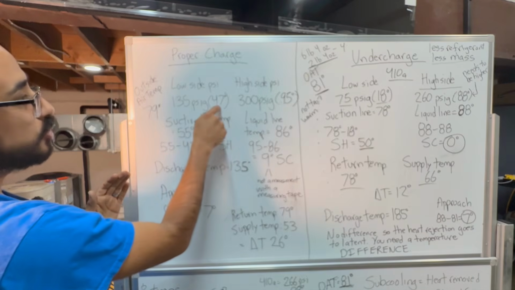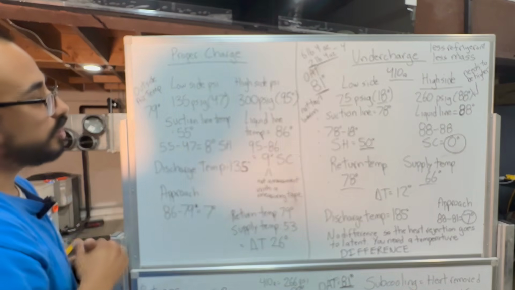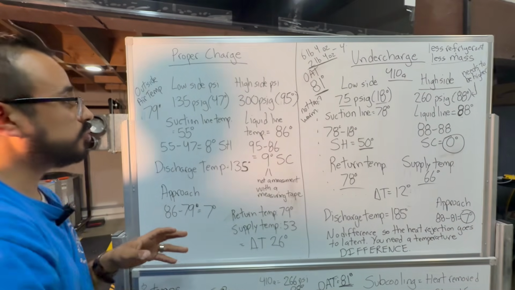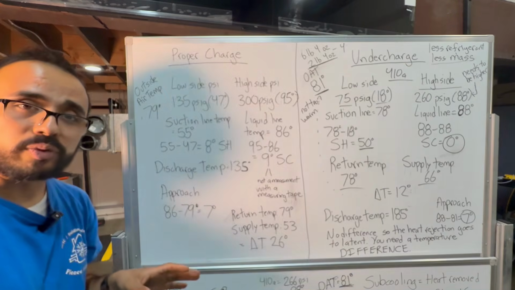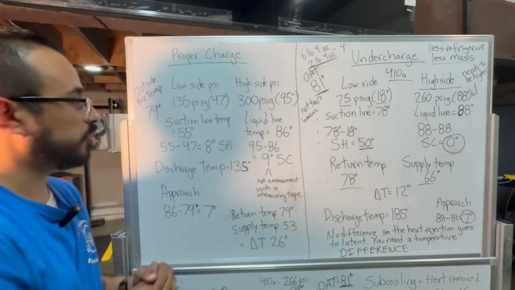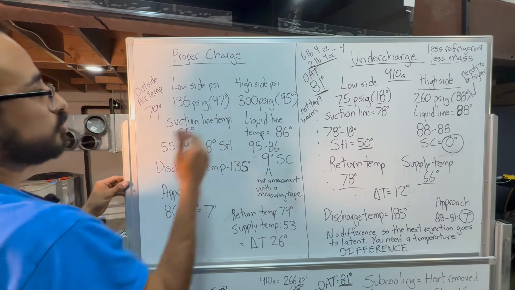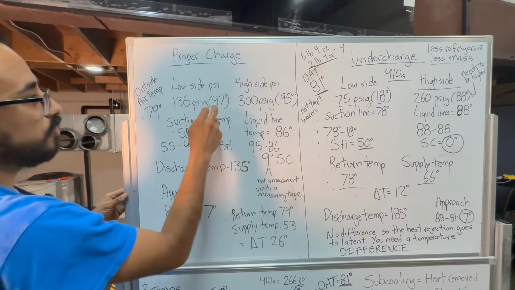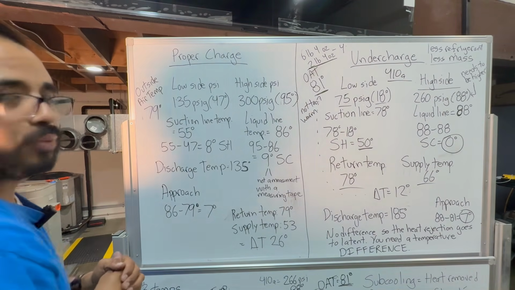My suction pressure, it's 47 degrees. So above 32, right? I don't want anything below 32 degrees. And you'll see what happens with the low ambient as we go with the other scenario. But in this case, head pressure looks good. Low side pressure looks good. 95-degree condensing temperature, 47-degree evaporator temperature.